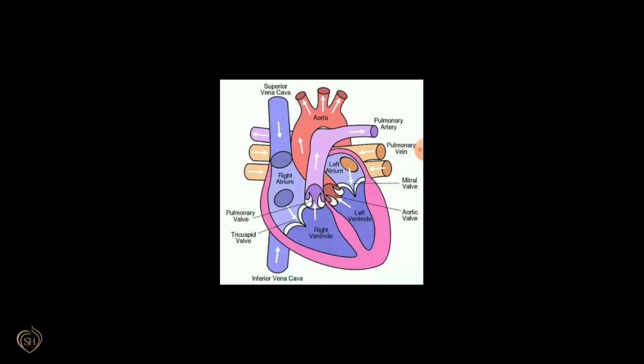The auricles or atria are called receiving chambers and the ventricles are called distributing chambers. Can you see? The walls of the ventricles are much thicker than the walls of the auricles. What is the reason? Because ventricles have to pump blood to long distances.